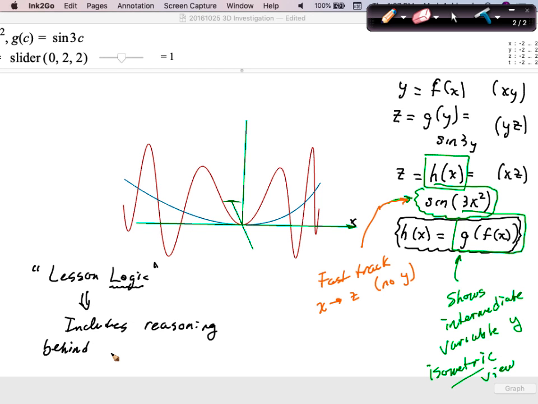It kind of steps back and segments out the lesson. You'll see. Because I'm going to indicate the reasoning behind the way the lesson is structured and questions and activities chosen.